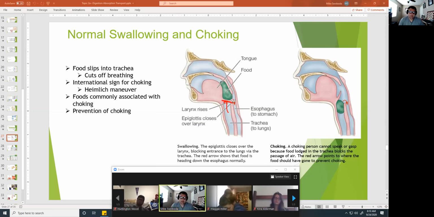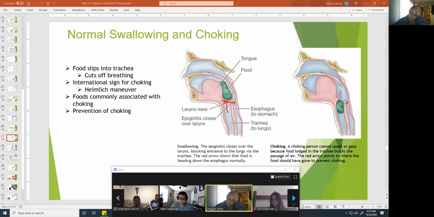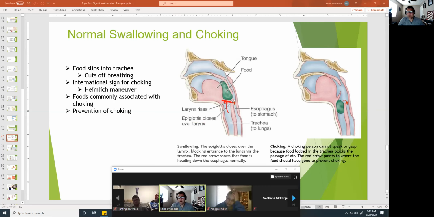What happens if you swallow essentially too fast, before this can happen? The substance you swallow will end up in your lungs. I mean, hopefully not in your lungs, but usually it'll start to enter the trachea.